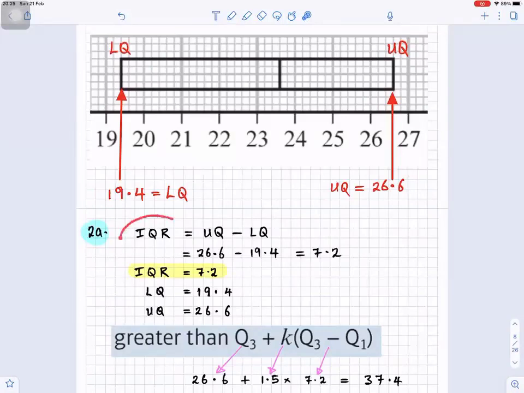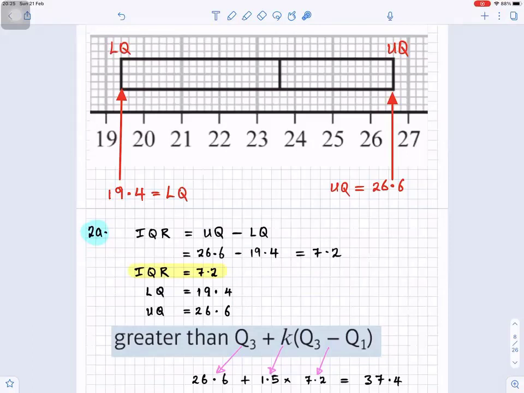And then we need to work out the interquartile range, which is upper quartile minus lower quartile. So 26.6 minus 19.4. So the interquartile range is 7.2. Now we've got three important things. Interquartile range 7.2, lower quartile 19.4, upper quartile 26.6.